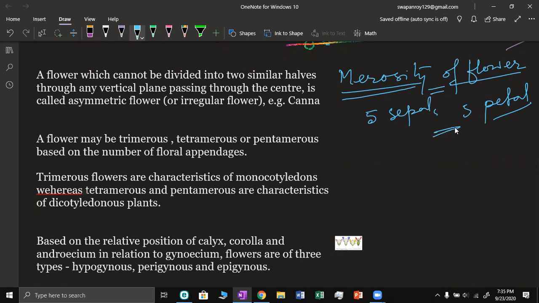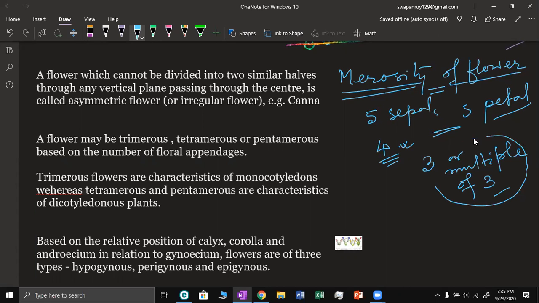Some have four, of course, four is very rare, but three or multiples of three, that is three petals or six or nine petals or sepals. Here it is five or multiple of five, four or multiple of four.